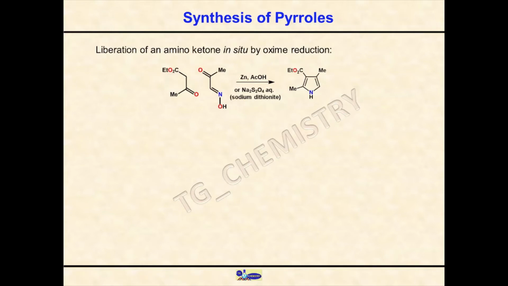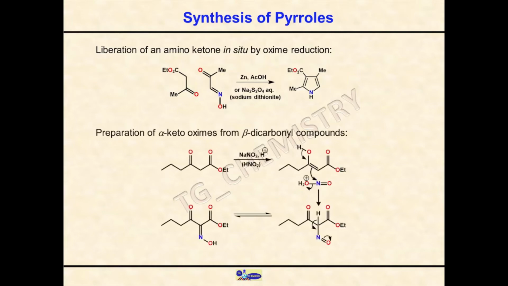oxime reduction will eventually lead to the amino ketone, and then reaction with ethyl acetoacetate in presence of zinc and acetic acid or sodium dithionite will lead to the formation of pyrrole derivatives. Now another process involves the preparation of alpha ketooximes from the beta dicarbonyl compounds or beta ketoester, you can say, in presence of sodium nitrite and acid.